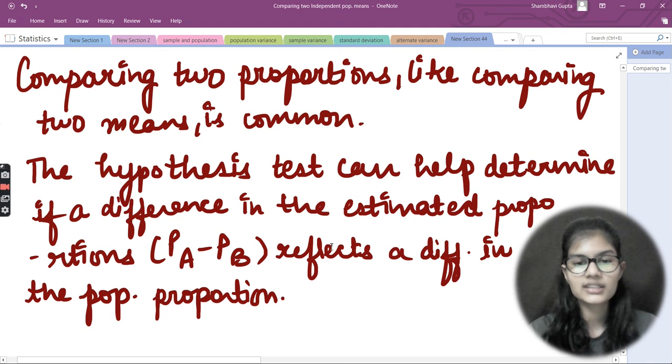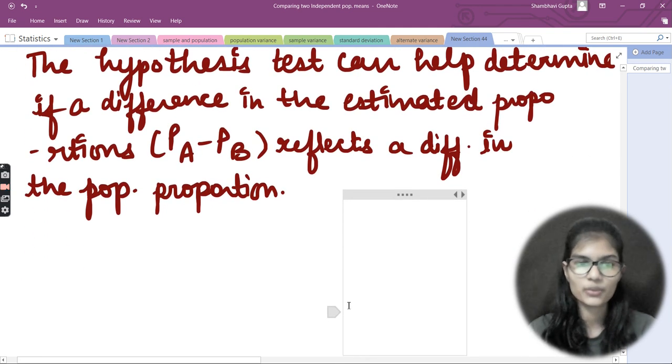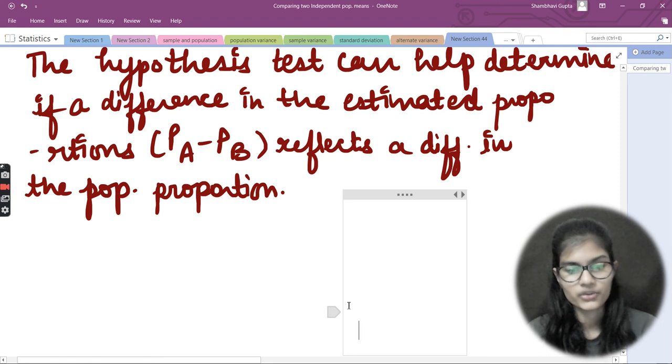So the hypothesis test can help you determine whether a difference in the estimated proportions PA minus PB reflects a difference in the population proportion.